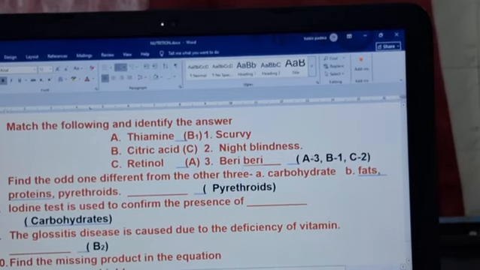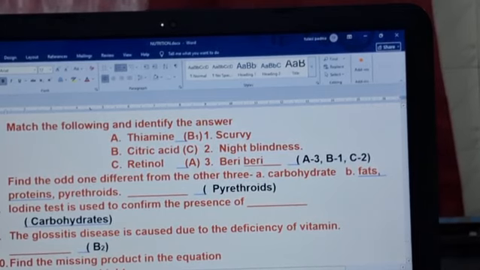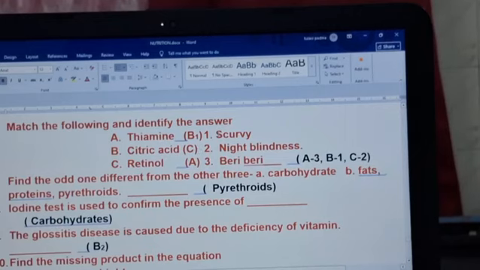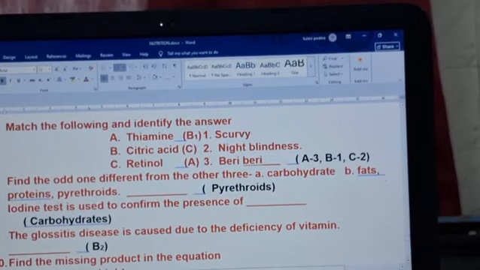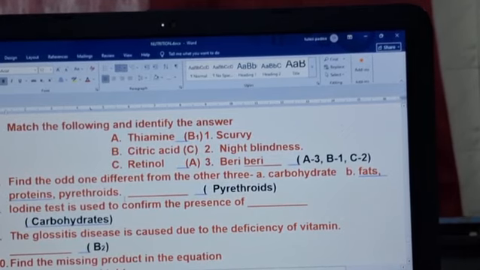So A, thiamine: the deficiency of thiamine causes beriberi. B, citric acid deficiency causes scurvy. Retinol causes night blindness.